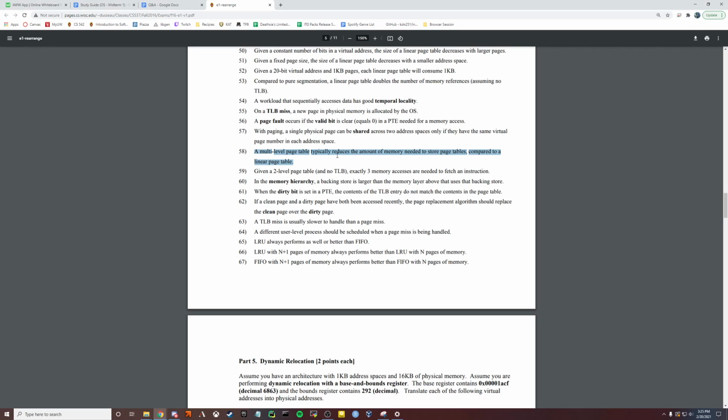If it only allocates it if it uses it, that makes it seem like maybe it would reduce the memory, right? Because it's not allocated if it's not used. I think this is true, because if they're not allocated, they're not using up memory, so then it could reduce the amount of memory used.